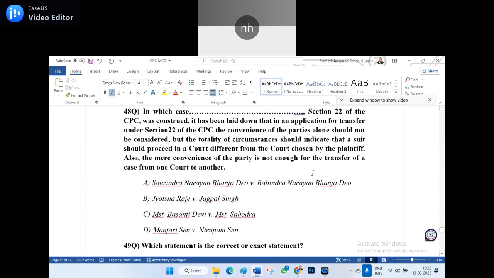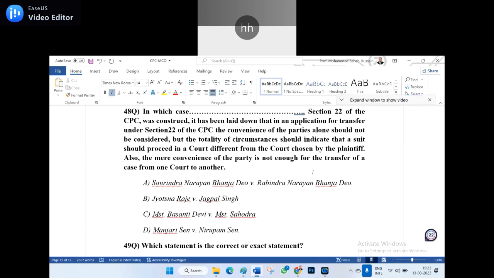A. Saurindra Narayana Bhanja Deo versus Ravindra Narayana Bhanja Deo. B. Josna Radia versus Jagpal Singh. C. MST Basanti Devi versus MST Sahodra. D. Manjari Sen versus Nirupam Sen.